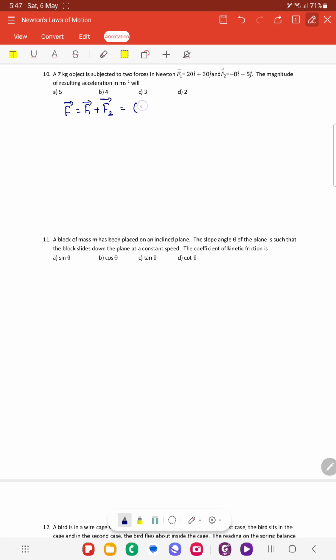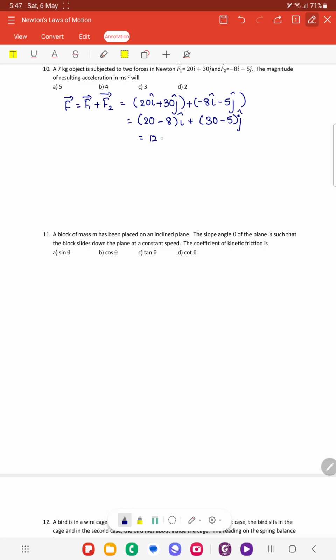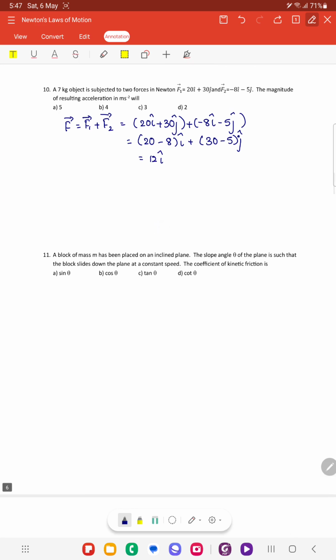So we have 20 i cap plus 30 j cap plus minus 8 i cap minus 5 j cap. So 20 minus 8 into i cap plus 30 minus 5 into j cap, which is 12 i cap plus 25 j cap.